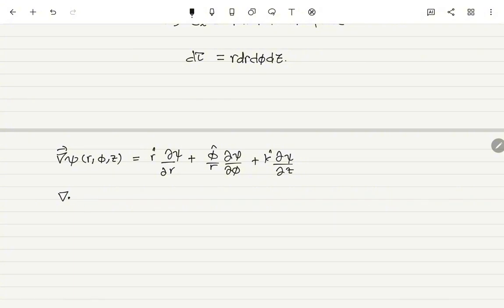Divergence A in cylindrical coordinates is equal to 1 over r partial of r A r plus partial A phi partial phi plus partial A z partial z, like this.